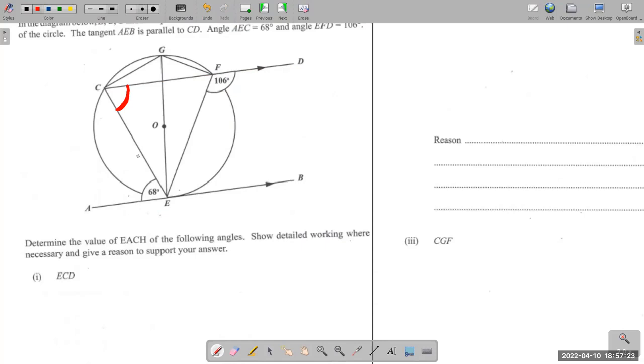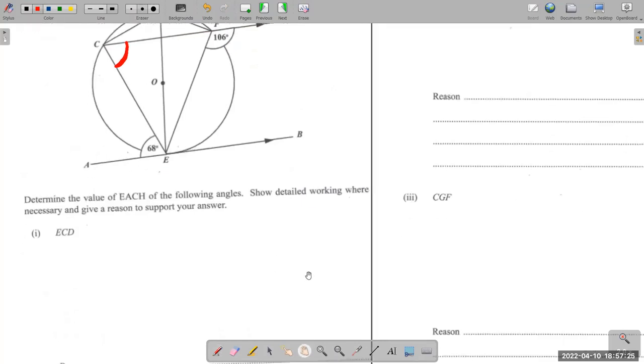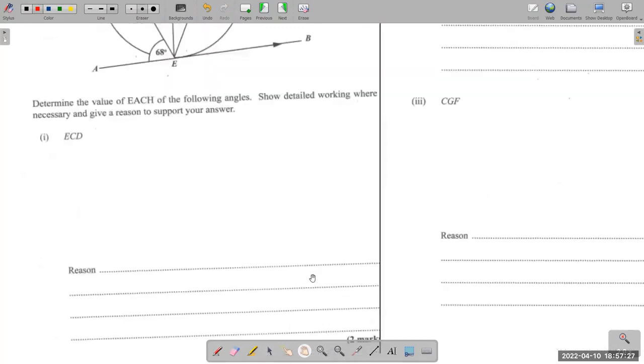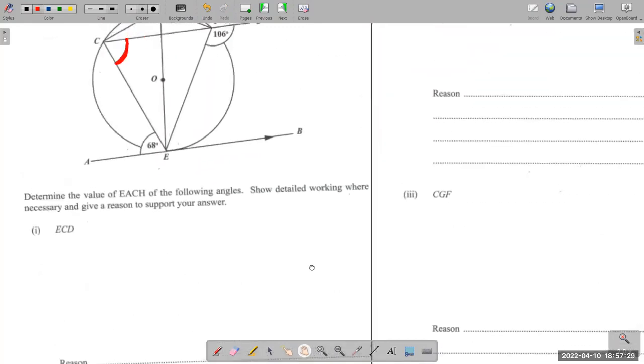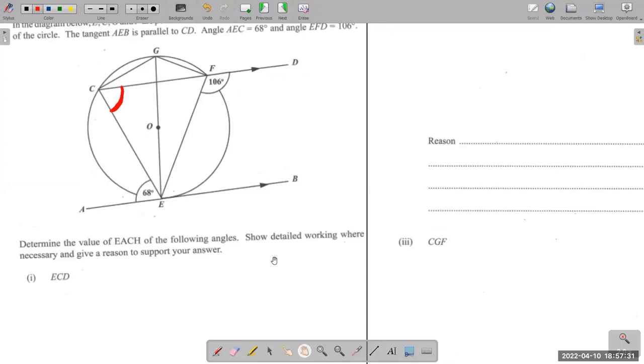Is that a direct or indirect question? I see a Z. Is it the external and internal? I don't see the Z. Anybody see the Z?